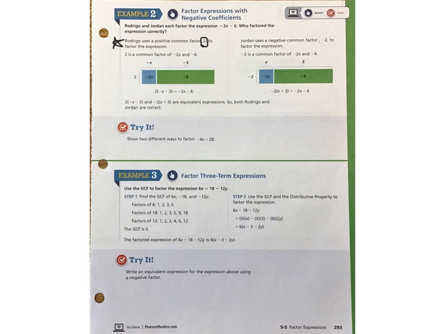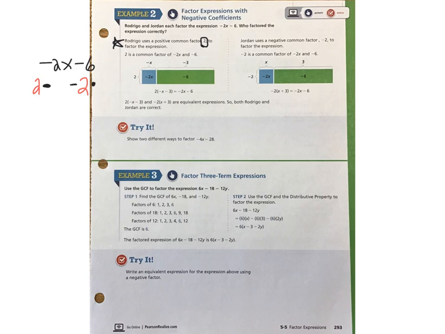So off to the side here, I'm going to take my expression negative 2x minus 6, and I'm going to pull out a 2. Let me change the color of that. Okay, let's try red. There we go. Let's pull a 2 out in front of each of those. Now we're going to determine what we need to multiply times that 2 to get each of those terms.